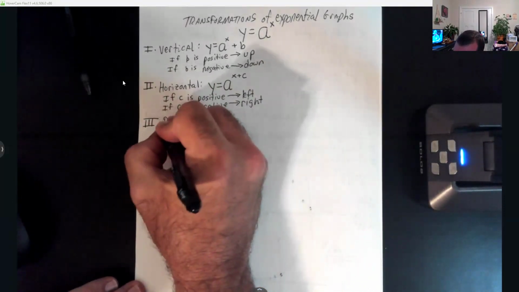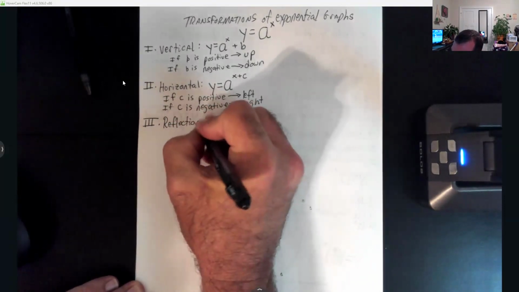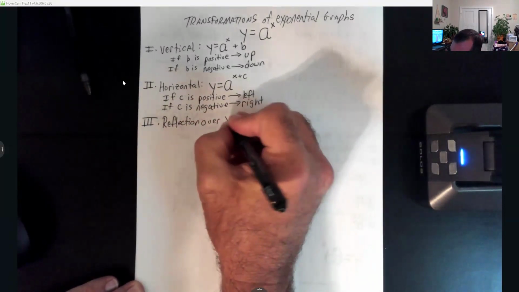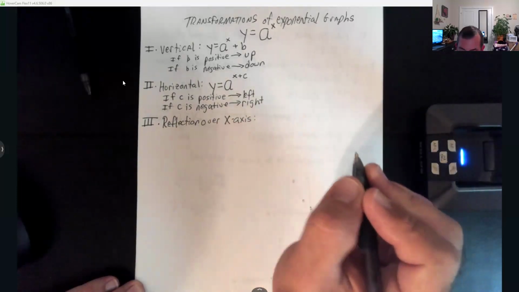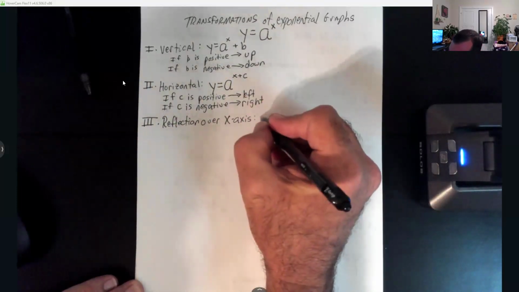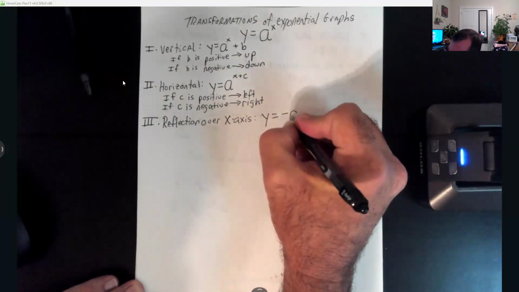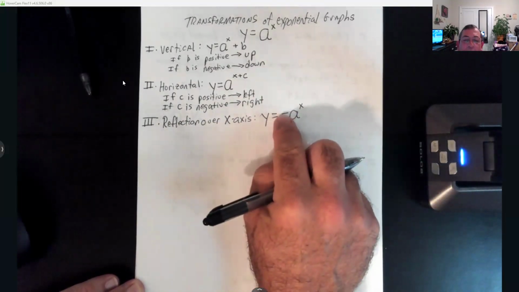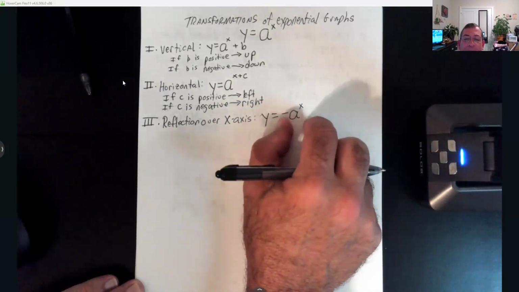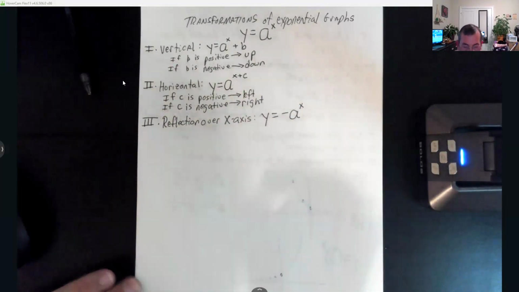All right, we can still do a reflection over the x-axis. So to do a reflection over the x-axis, I'll have y equals negative a to the x. I still put a negative in front of my function to flip it over the x-axis, okay?